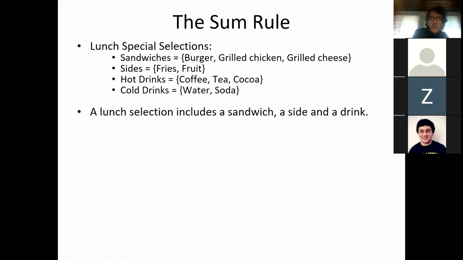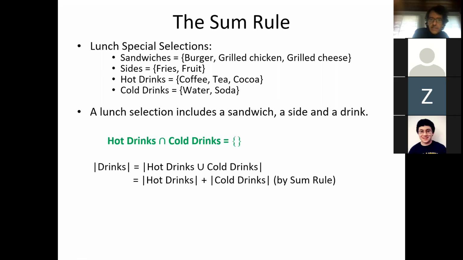So for example, you have a lunch where we have the sandwiches and the sides, but let's say we have hot drinks and cold drinks, and we say that it includes a sandwich, a side, and a drink. So a drink is a union of these two. Other than that, it's the same as the previous example.